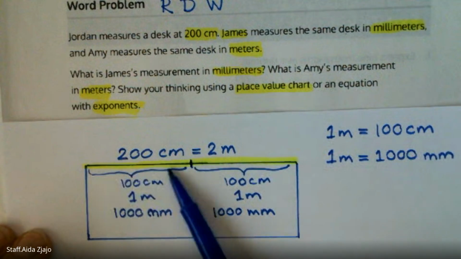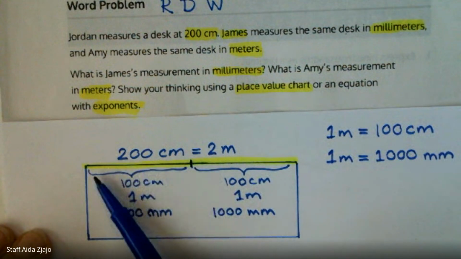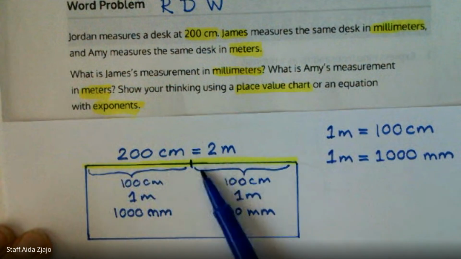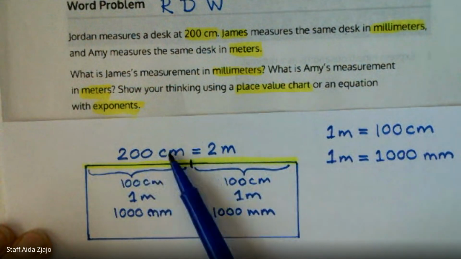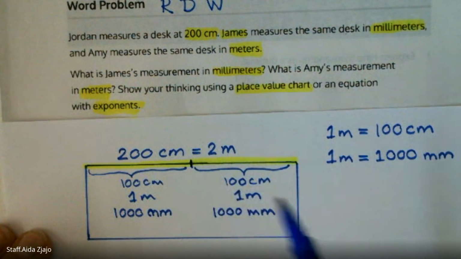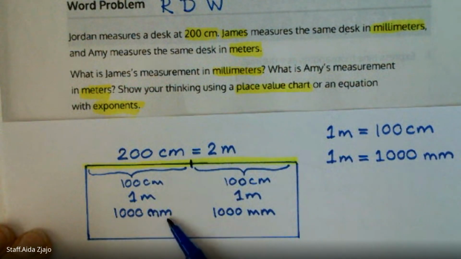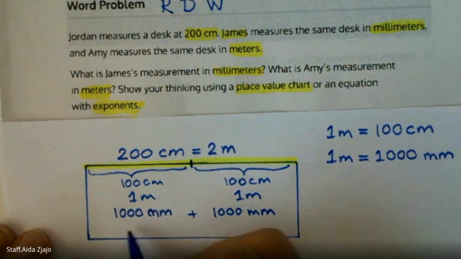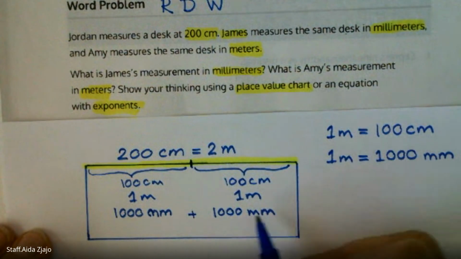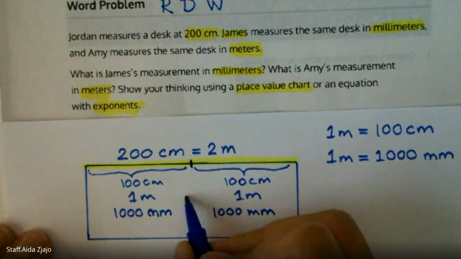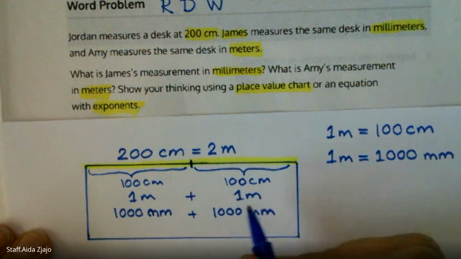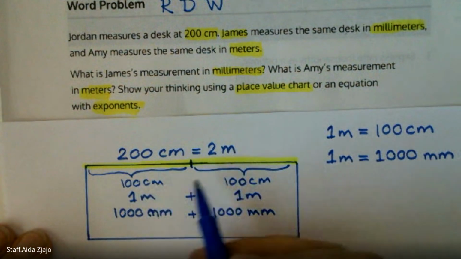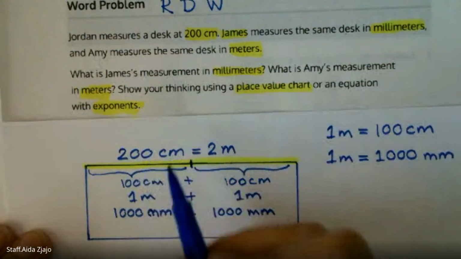So 1 meter is 100 centimeters, and 100 centimeters, that makes 200 centimeters. And then if we change the meter into 1,000 millimeters, we know that is here. 1,000 plus 1,000 is 2,000 millimeters. And same here, 1 meter plus 1 meter is 2 meters, and 100 centimeters plus 100 centimeters is 200 centimeters.